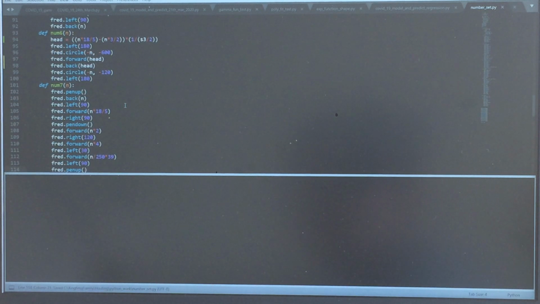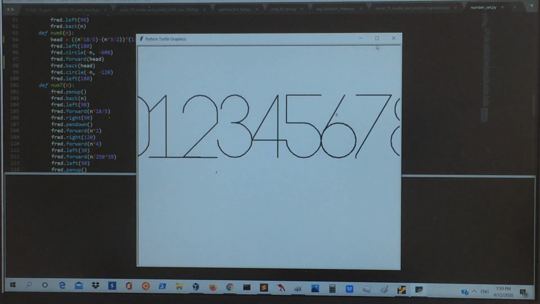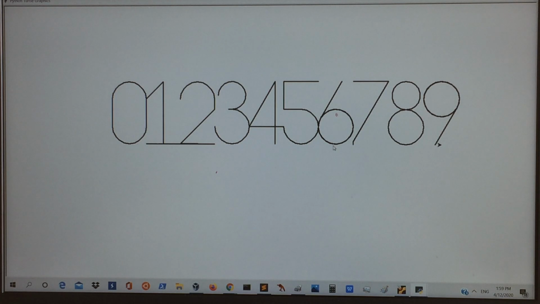So what I'm talking about is this. It starts here facing left, goes 90, 180, 270, 360, no, it's going like this.